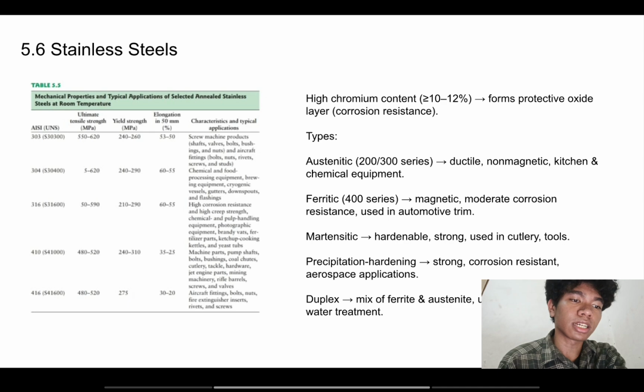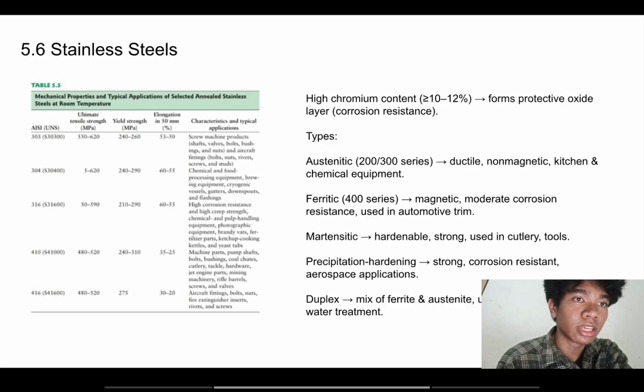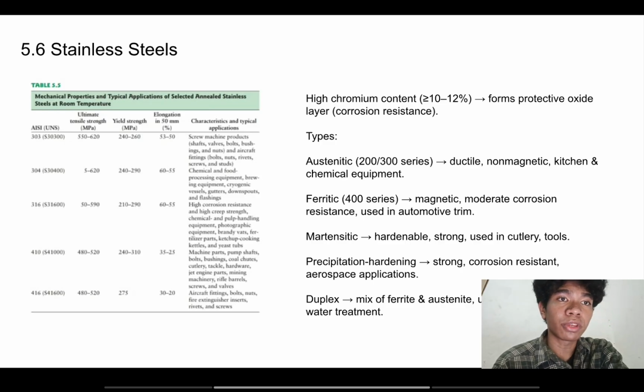Okay, the next is the stainless steel. This is the mechanical properties and typical application of the selected annealed stainless steel at room temperature. There are many AISI or UNS steels here from 303 to 416, and the high chromium content, more than 10 to 12%, forms a protective oxide layer for corrosion resistance.